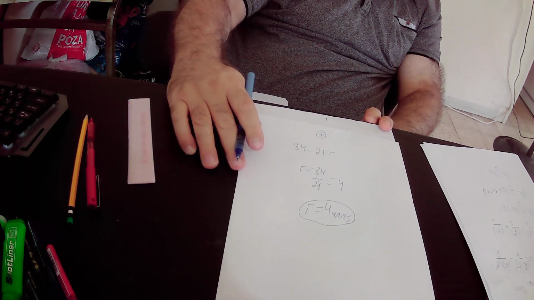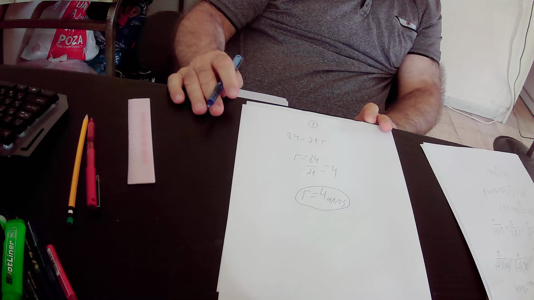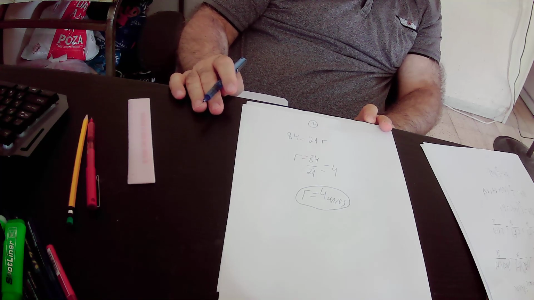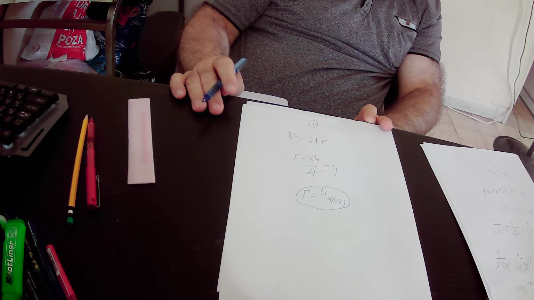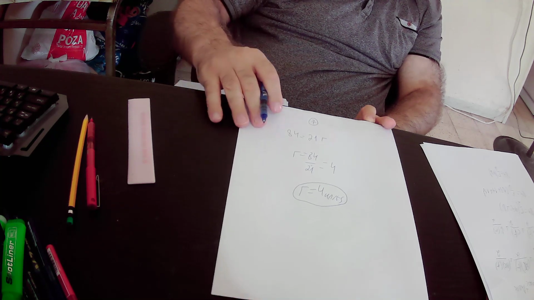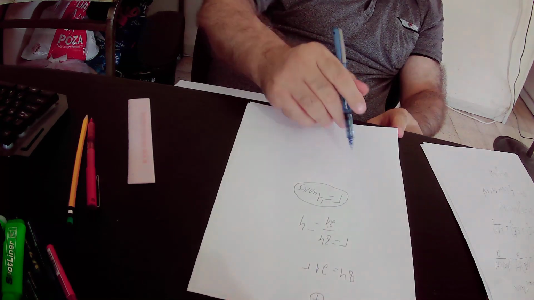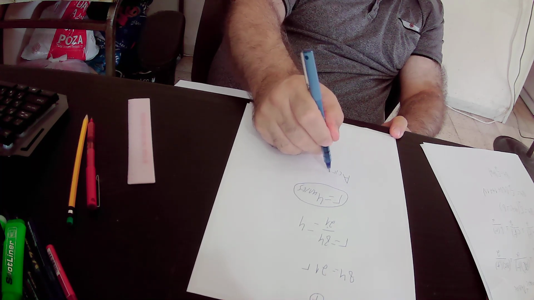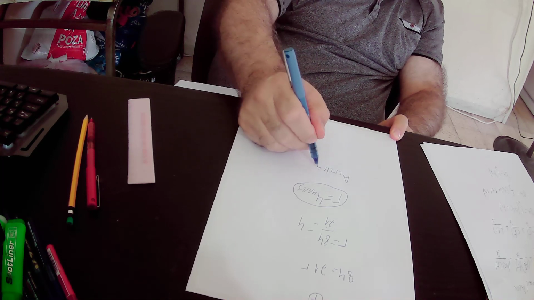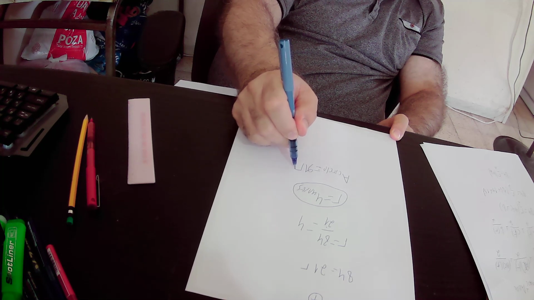Okay, the radius of the green circle equals 4 units, and after we found out that the radius equals 4 units, it is very easy to find the area of the green circle, because the formula for the area of any circle, where A is the area of any circle, equals pi times the radius of the circle squared.